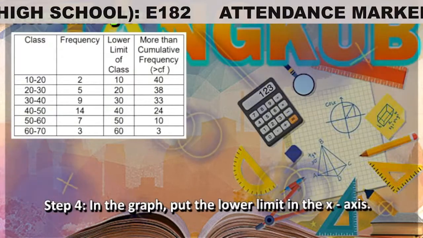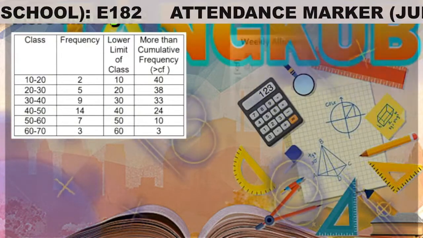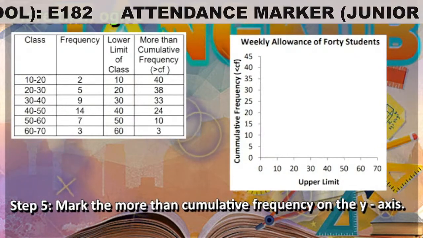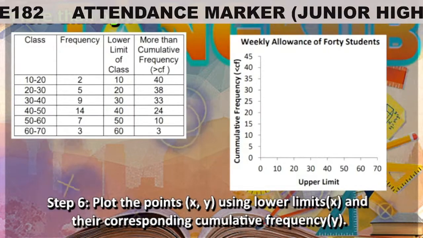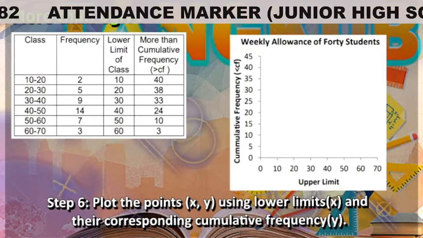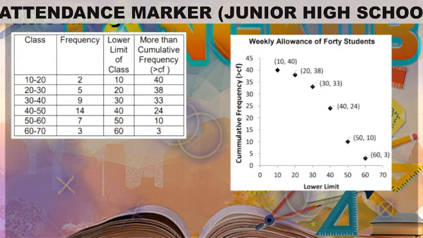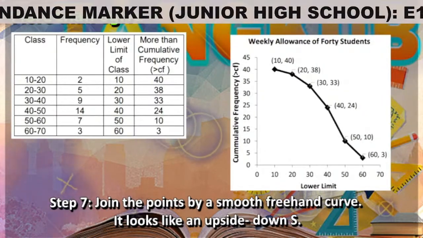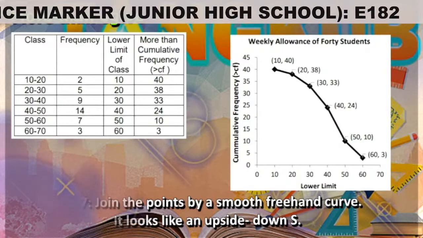Next, in the graph, put the lower limit in the x-axis. Then mark the more than cumulative frequency on the y-axis. Next, plot the points x, y using the lower limits, which is x, and their corresponding cumulative frequency, which is y. Then join the points by a smooth freehand curve. It looks like an upside-down S.